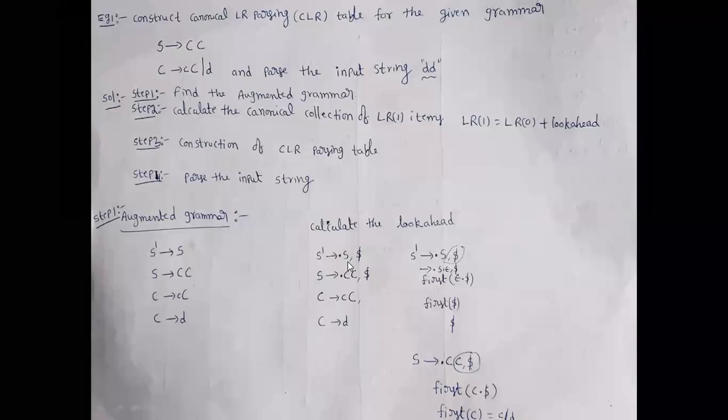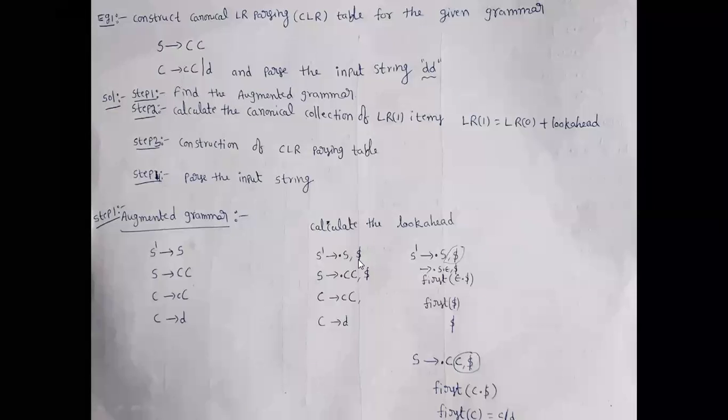Why? Because it is an LR(0) item, so we have to place a dot at the starting of the production. In this starting production, we place the look ahead as dollar.